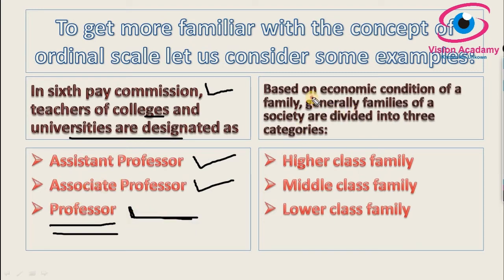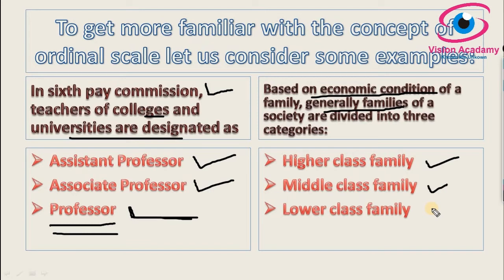And if you want to know the economic condition of a family, generally families in society are divided into 3 categories: higher class, middle class, and lower class. Everybody knows that the economic condition of a higher class family is better than a middle class family, and a middle class family is in a better condition compared to a lower class family.